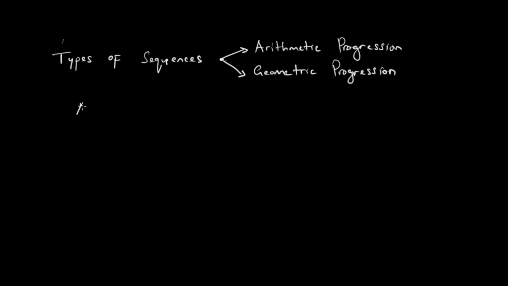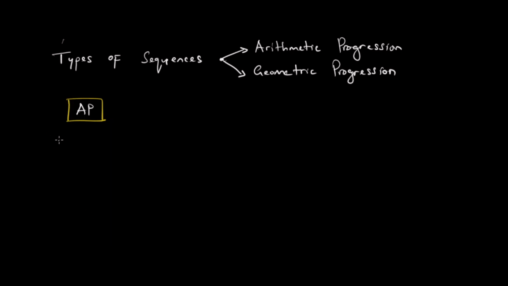Now when we look at the arithmetic progression, what do we learn from it? We defined an arithmetic progression as a sequence in which the difference between any pair of successive terms is uniform.